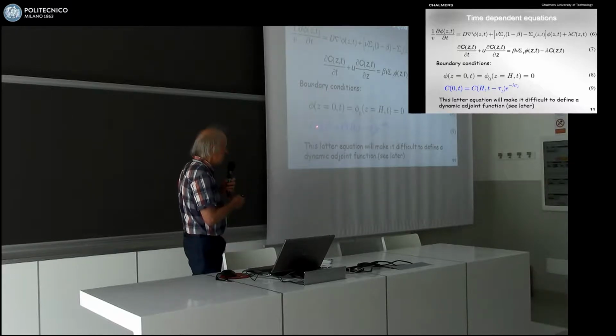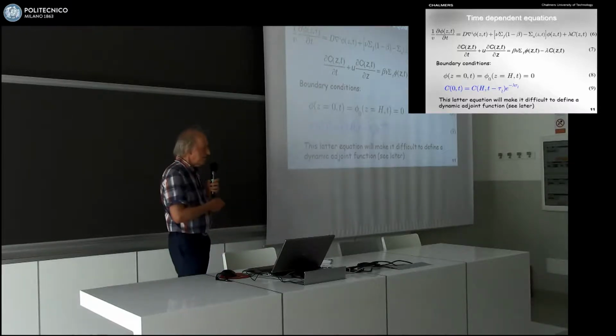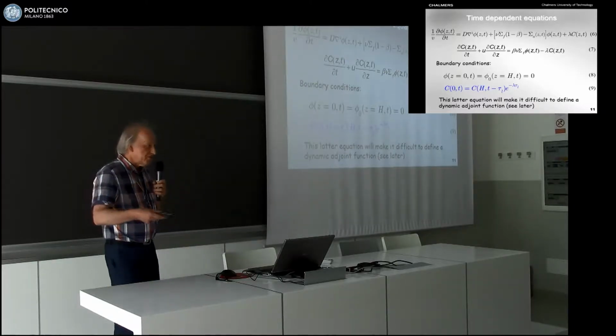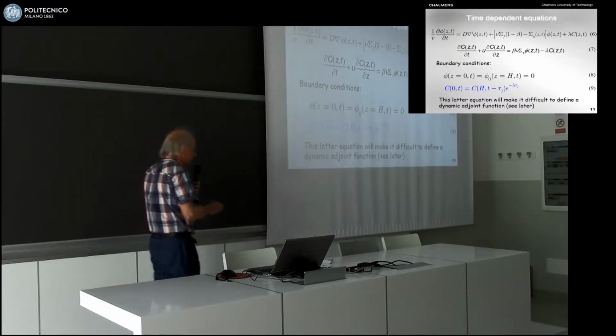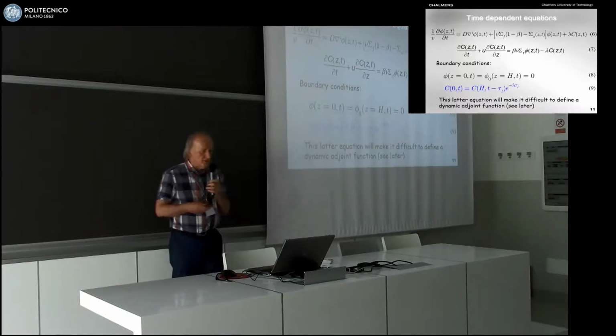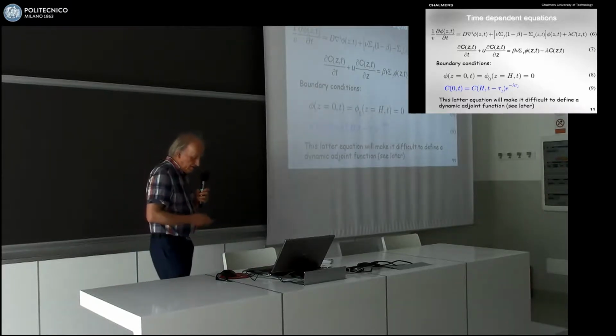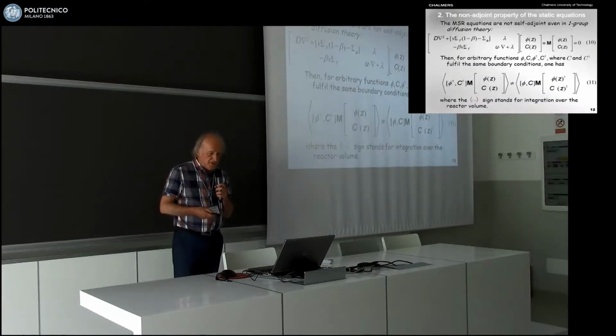So what we have is that the precursor density at the inlet at a certain time t is related to the precursors which left the core sometime before. And that is a significant difference which will have some interesting consequences.